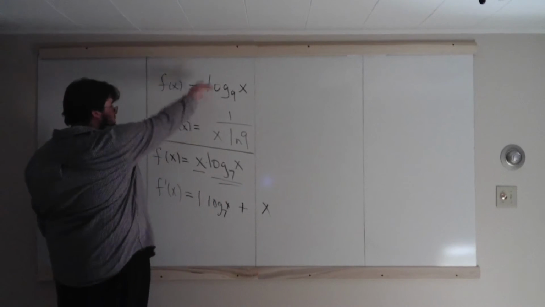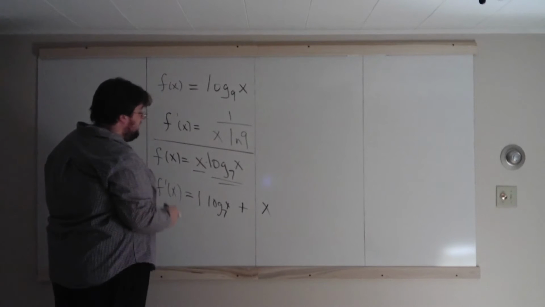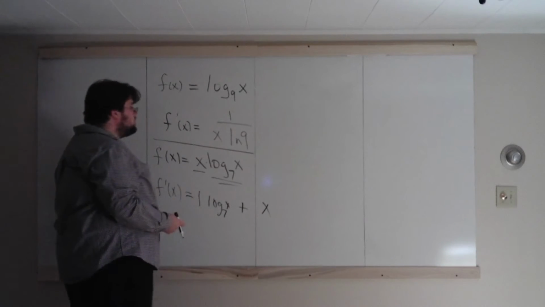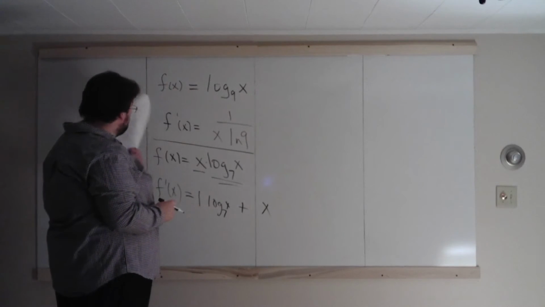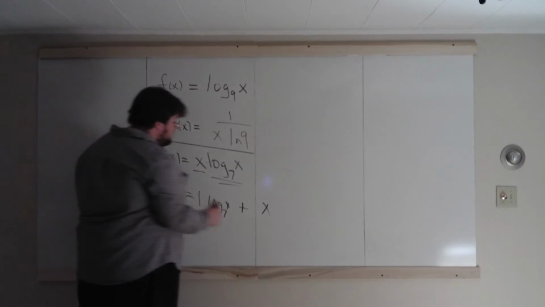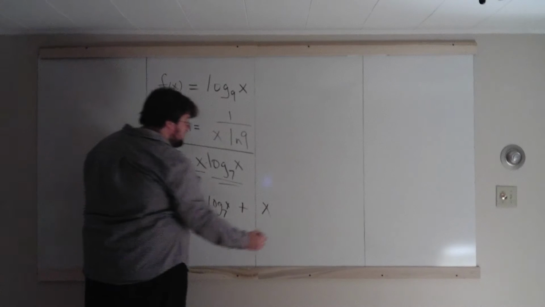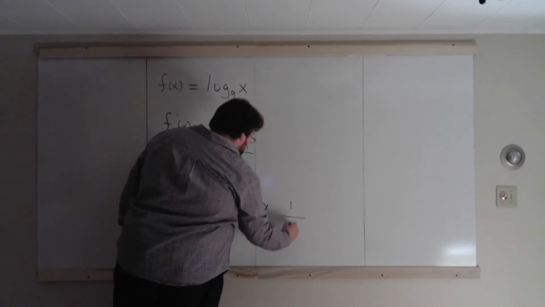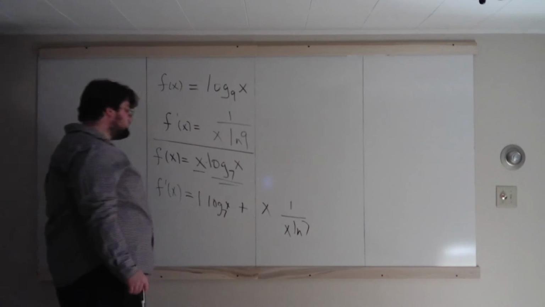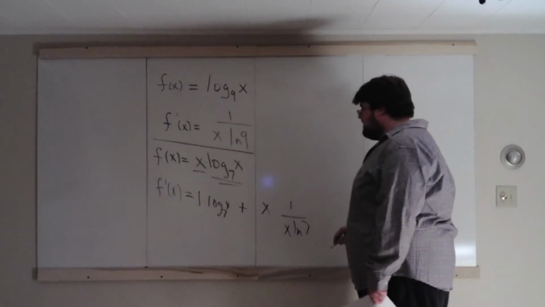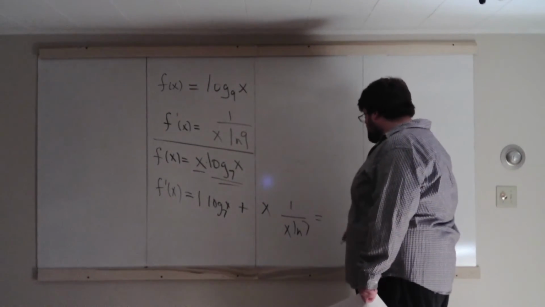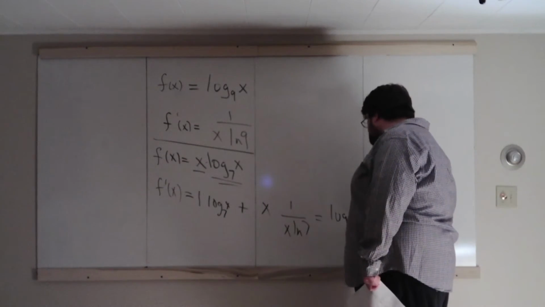I mean, it's the same as this up here, but with base 9. But suppose you don't have the answer right in front of your eyes. You could suppose you have to go back to the list of derivative rules. And it would tell you derivative of log of x with base 7 is 1 over x natural log 7. And then this one, I mean, that answer looks kind of messy, I think. So we can just simplify it a little.